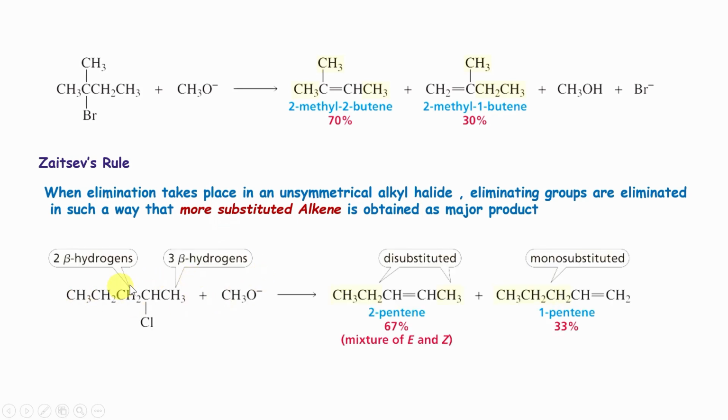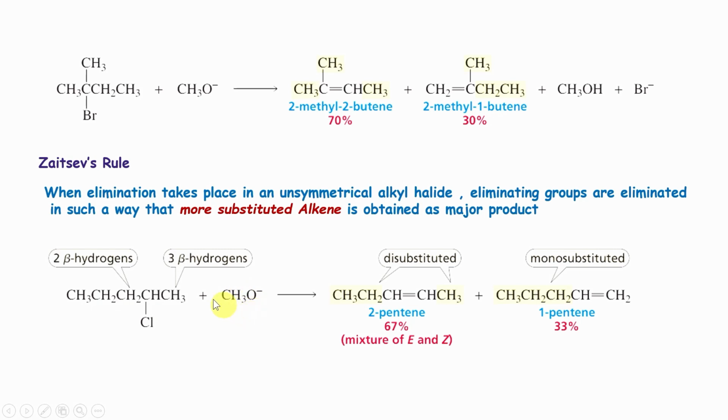See this example also. It is 2-chloropentane, an unsymmetrical alkyl halide, which has two beta carbon atoms on either side of the carbon atom attached to the halogen. You can see the right side carbon atom contains 3 beta hydrogen atoms and the left side carbon atom contains 2 beta hydrogen atoms.